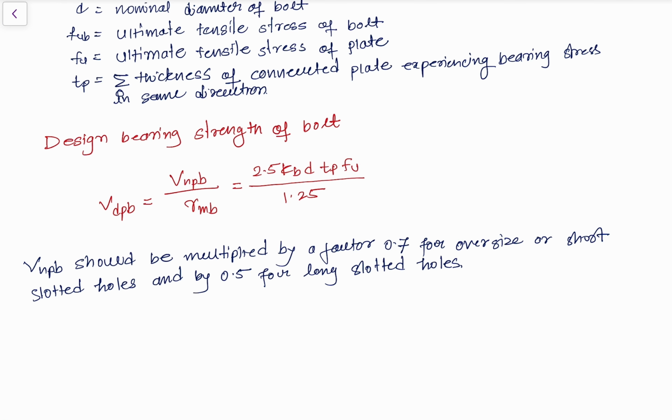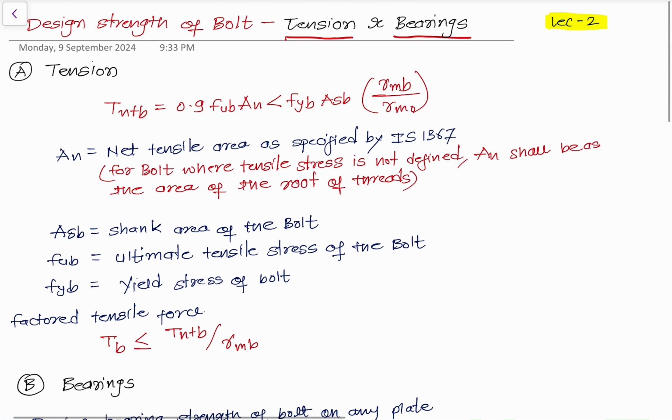Remember this: whatever Vnpb you calculate, you need to multiply it by 0.7 for oversize or short slotted holes, and by 0.5 for long slotted holes. That is very important information. Don't worry at all; when we go to the numericals from the next lectures, you will understand it thoroughly, and I'll help you understand it in a very simple manner.